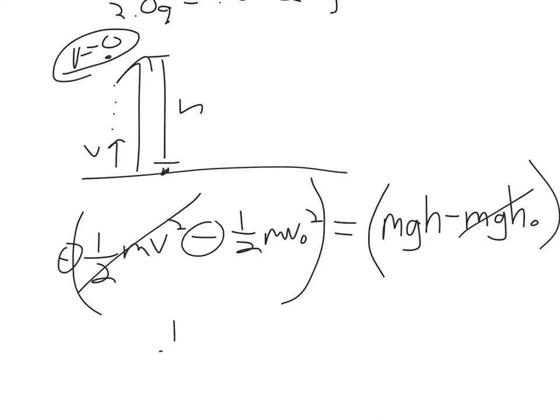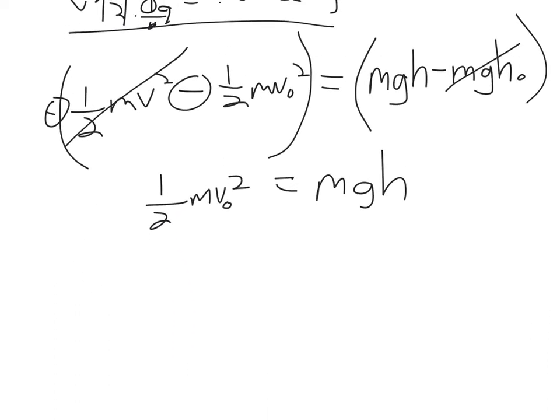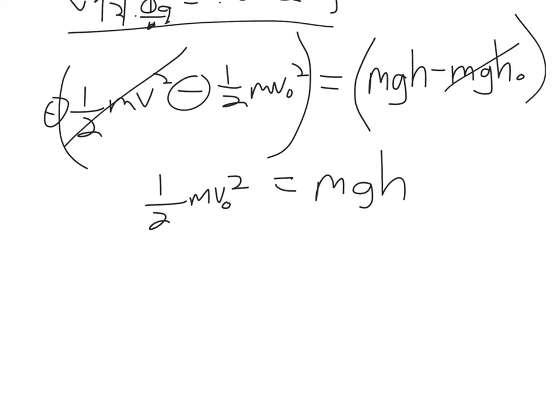So I'll get half m v naught squared equal to mgh. So we're just changing the energy from one type to another. We're changing kinetic to gravitational potential, and we're looking for how high it's going to go.